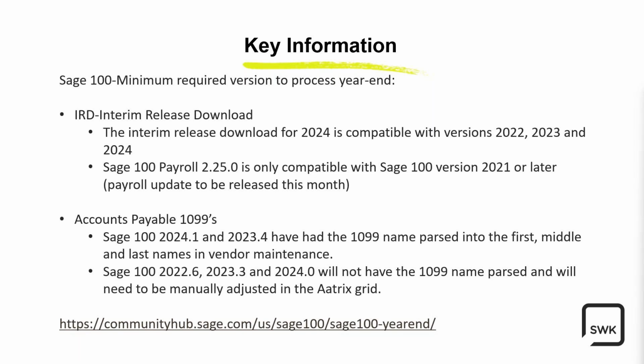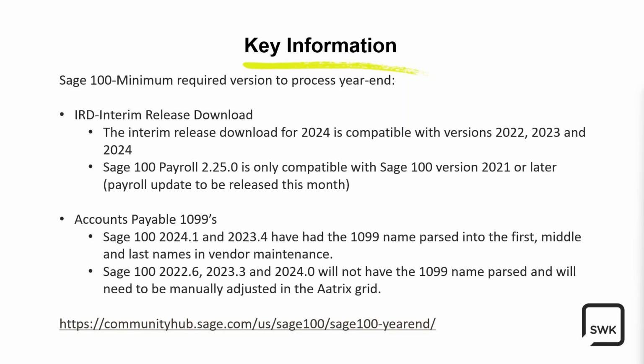Accounts payable 1099s. So there have been some changes there related to the Atrix software that you run your 1099s with. So Sage 100 2024.1 and 2023.4 have had the 1099 name parsed into the first, middle, and last names in vendor maintenance. The reason for that is because Atrix needs it when it prints those 1099s.